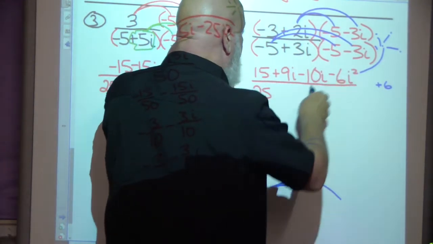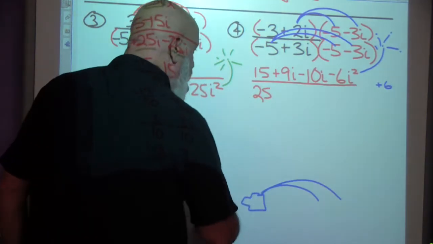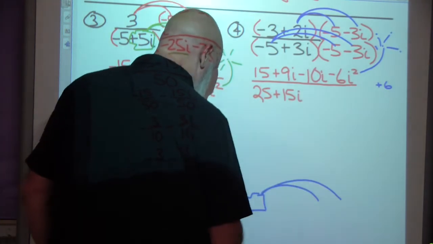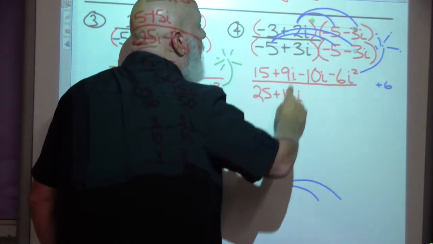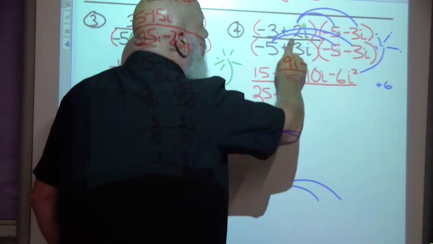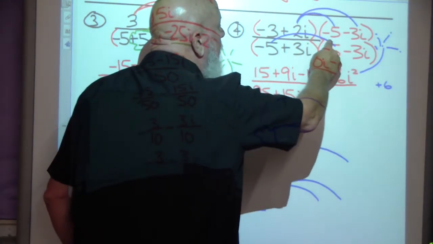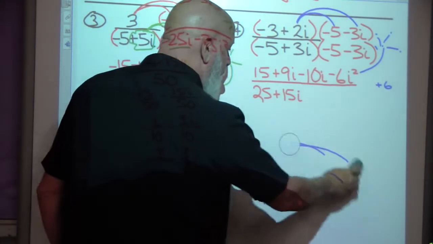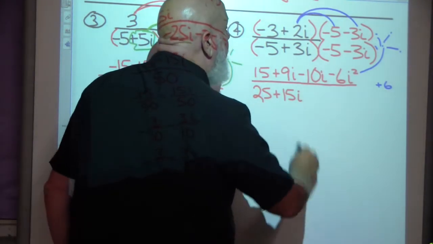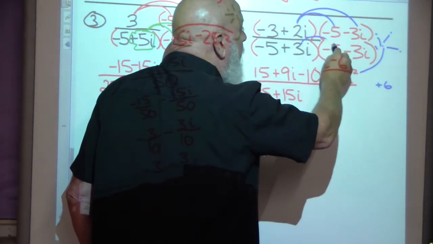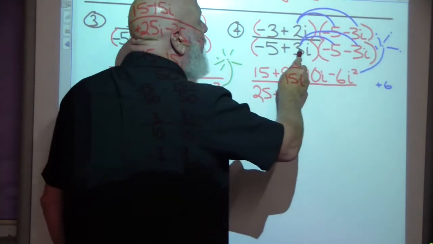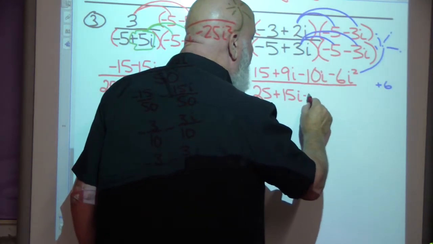That's going to give me positive 15i. See if I can move that. There we go. And then I'm going to take 3i and distribute it. 3i times negative 5 is negative 15i.